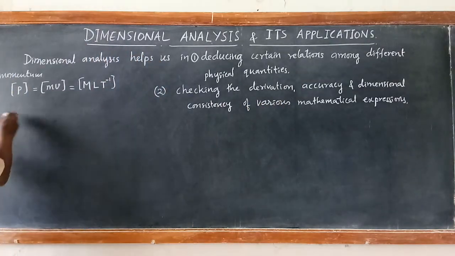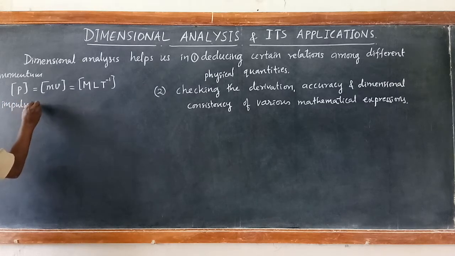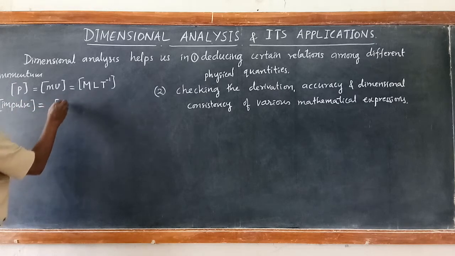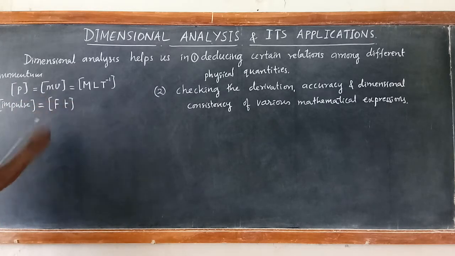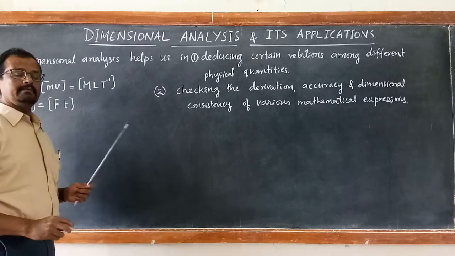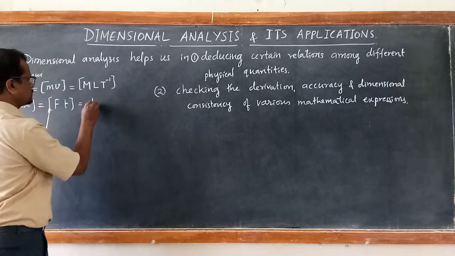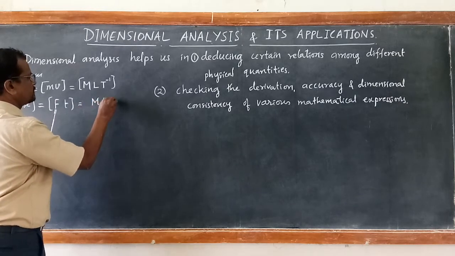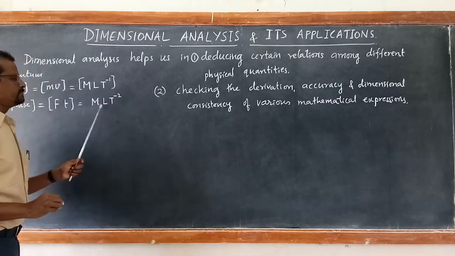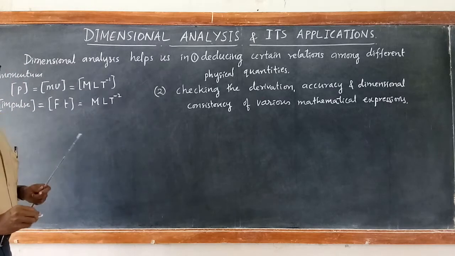Another one you can see is impulse. The dimension of impulse, if you write, is force multiplied by time. The product of force and time gives us impulse. The dimension of force, I have just now written, is m L t raised to minus 2, kg meter per second square, that is equal to 1 Newton.